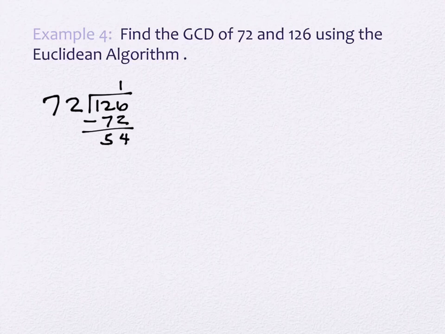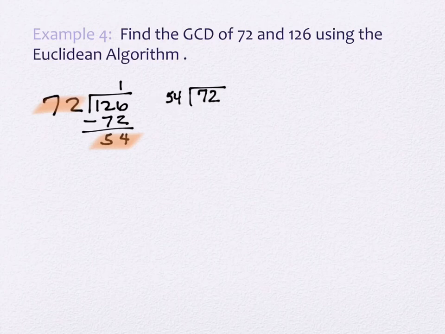Okay, is that okay so far? So what I do is I take the divisor, what I divided by, and the remainder, 54. And I do the same thing again. Now the divisor, 72, is the larger number, so it goes underneath the division bar. The remainder, 54, goes on the outside.